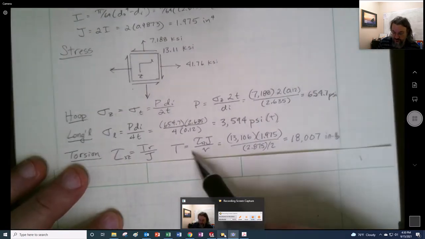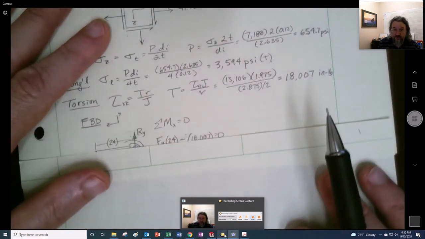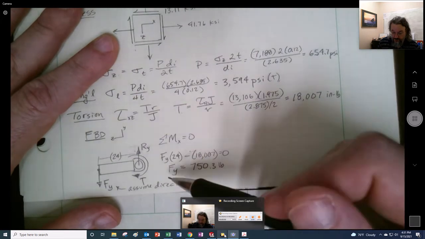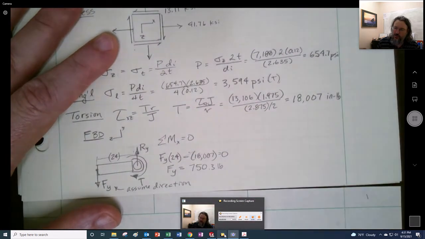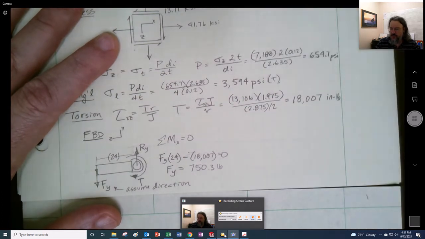So we're able to find what the torque is. And since we know the torque, we'll make a little free body diagram here and figure out the relationship for this unknown Fy. One thing is we don't really know whether the torque is positive or negative. I didn't bother to establish which way it was going to go.